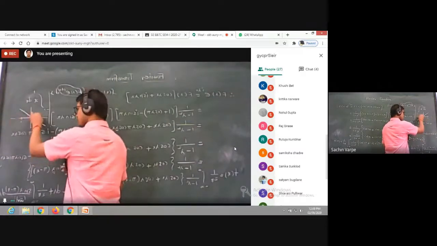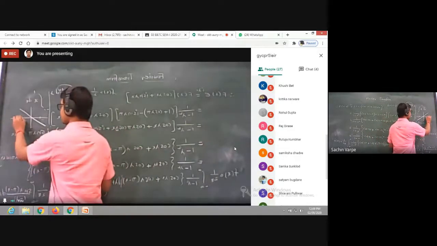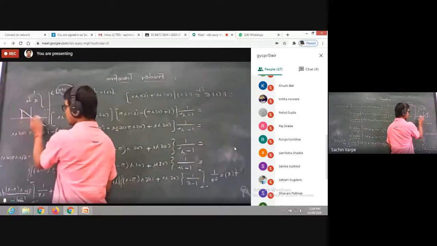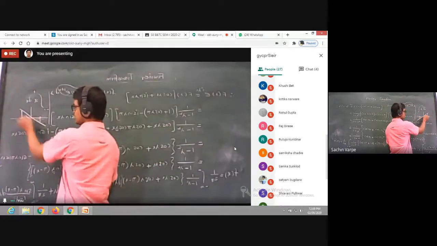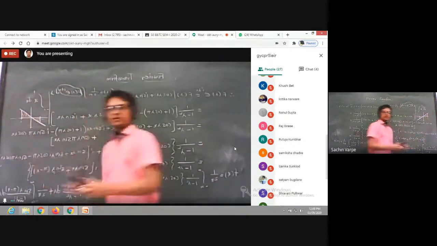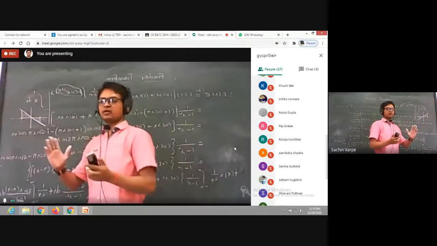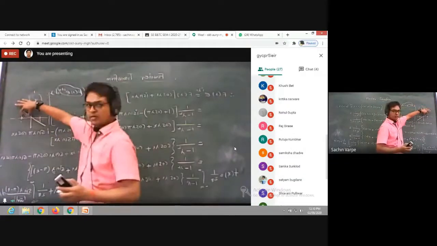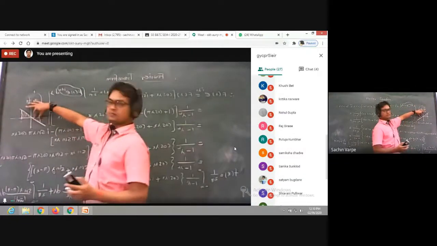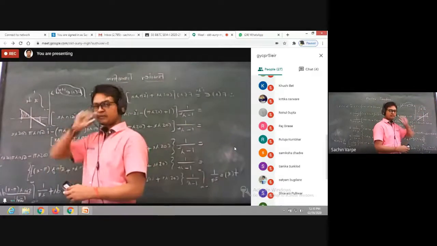Integration means area under the curve. So if I consider the area under the curve from -1 to 1, then these are the areas. I hope it is visible. When I count the complete area in -1 to 1, I'm evaluating this positive part, and that will get cancelled out with this, because integration is nothing but the continuous summation of areas, isn't it?